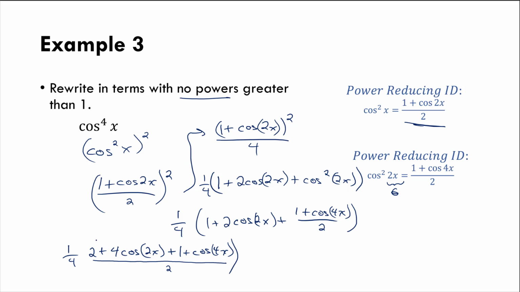And I'll go ahead and pull that 2 out with this 1/4 over here, so that's going to be 1/8, and then I've got 2 plus 1, so this is going to be 3, plus 4 cosine 2x plus cosine of 4x, okay?